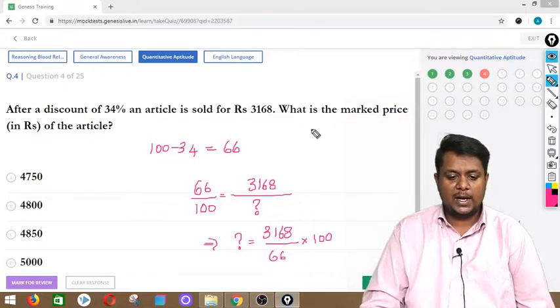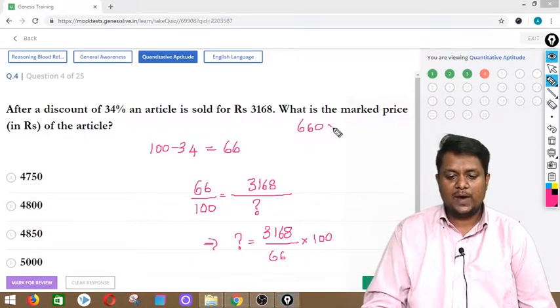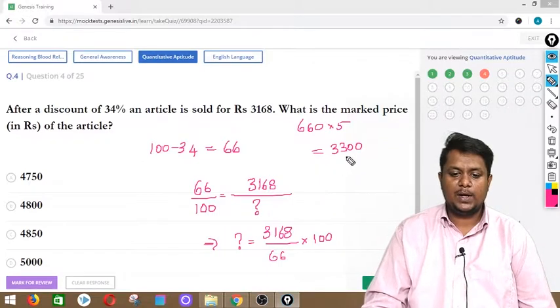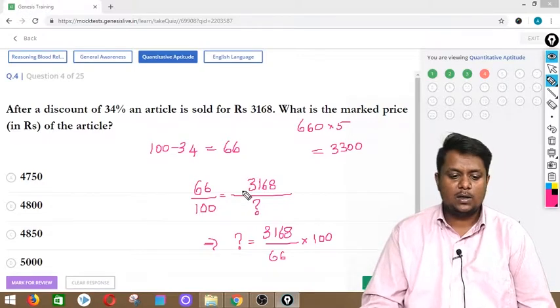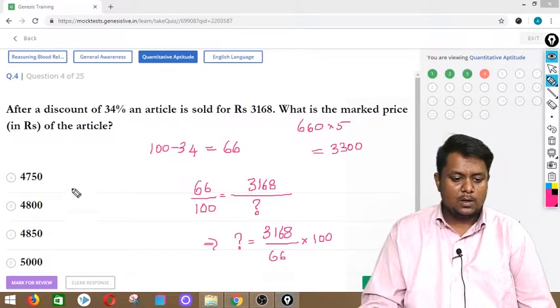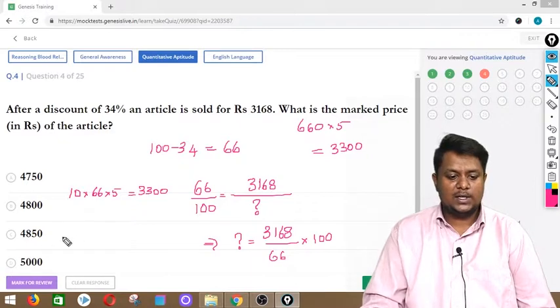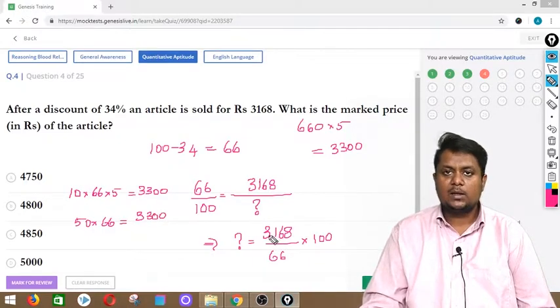660 is 10 multiplied with 66, 660. 660 into 5 will be 3300, right? 3300 will be the value when you multiply 660 into 5. 10 into 66 into 5 will give 3300, or we can say 50 into 66 gives 3300, but the value we have is 3168.